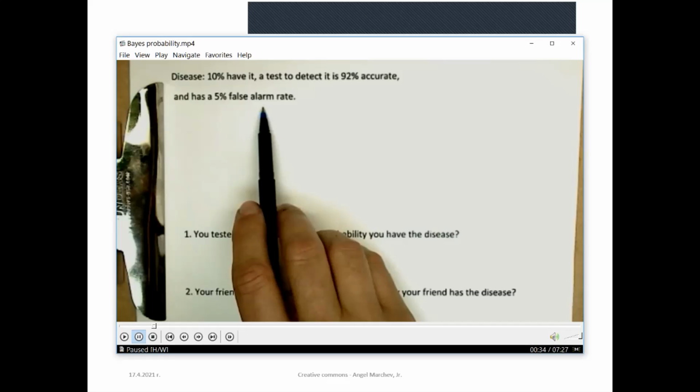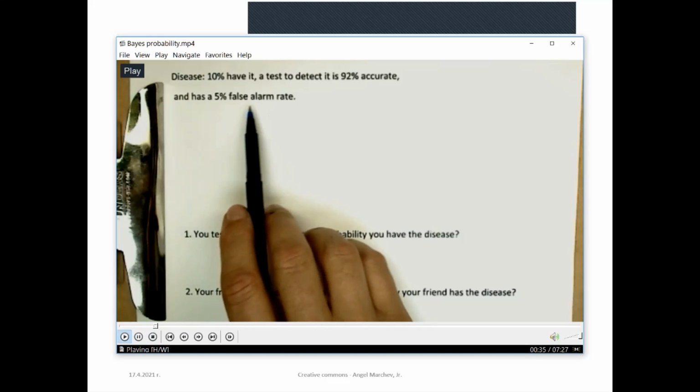And also a big misconception about the 5% false alarm rate or 2% false alarm rate. All those things have to be accounted for. Okay, I'm going to explain this again. So this is what we have as a premise, as a beginning of the problem.